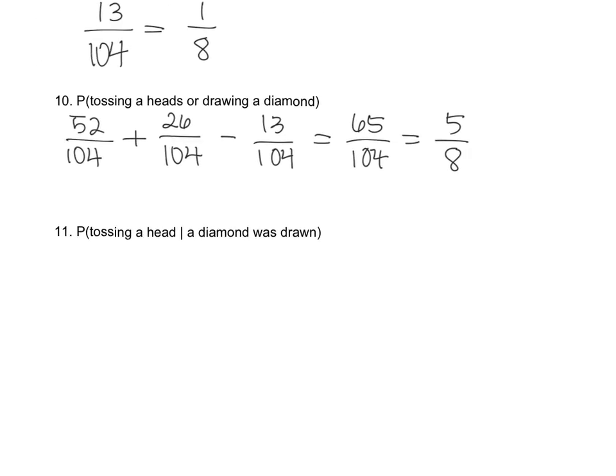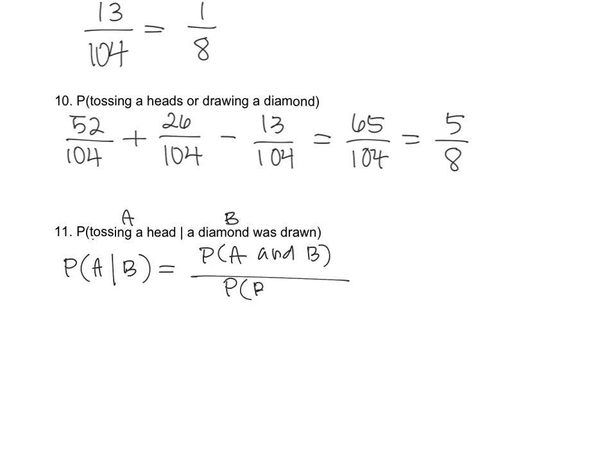Okay. And then on number 11, we want to know the probability of tossing a heads given a diamond was drawn. So I'm going to label tossing a head as A and drawing a diamond as B. So the probability of A given B equals the probability of A and B over the probability of just B. So it's always the probability of both over the probability of whatever the second thing is.